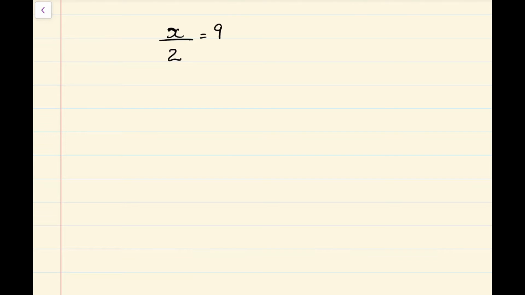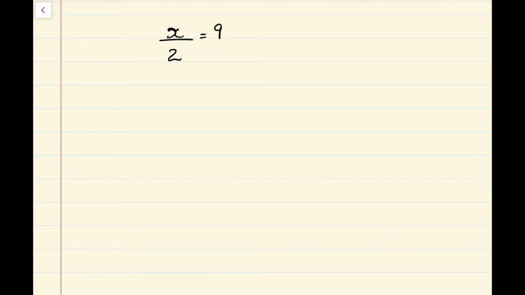In this question, remember what we would want to do is just solve for the variable, which is x. So we want to get rid of everything that's on the same side of the equal sign as the variable, which in this case is the 2. So we want to get rid of the 2. And so remember what we mentioned earlier, we would just have to perform the opposite operation as to what's being performed to the x.